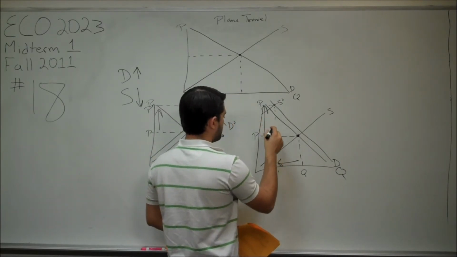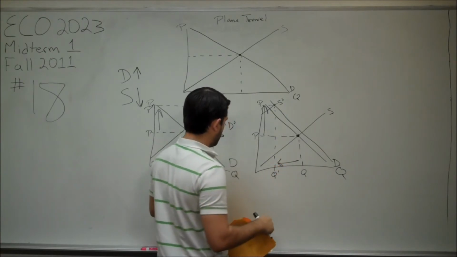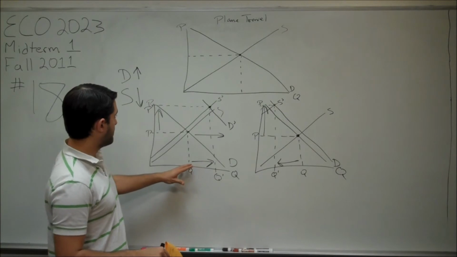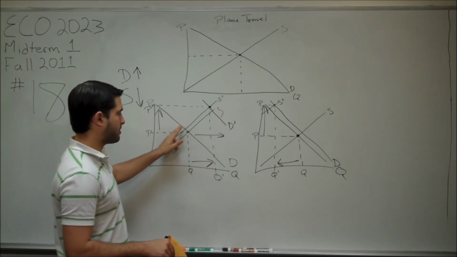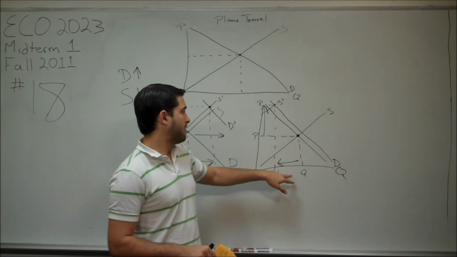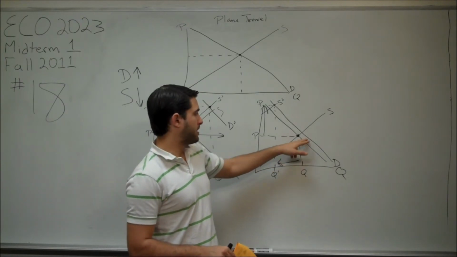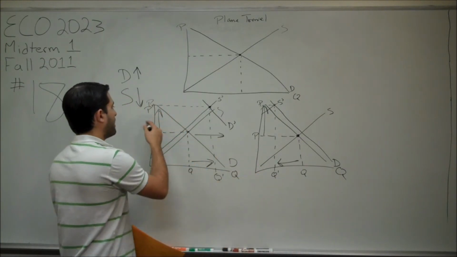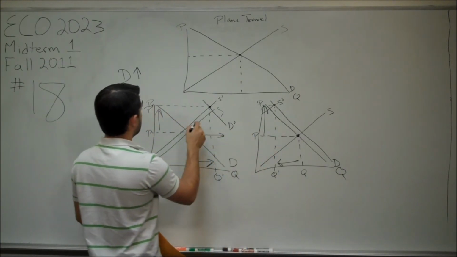The quantity is going to increase a lot here if the demand increases by a lot and the supply only drops a little bit. The quantity is going to actually decrease here if the supply falls by a lot, but the demand increases just by a little bit. But what we do have in both cases is the price rising. That's the same in both cases.